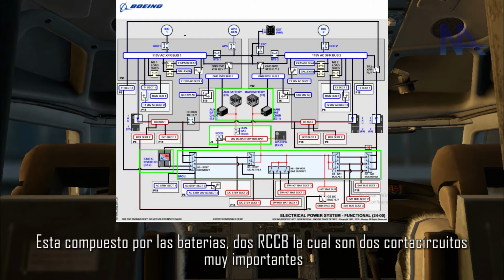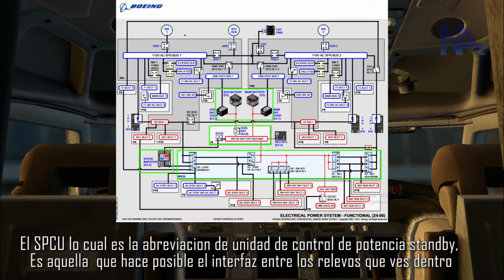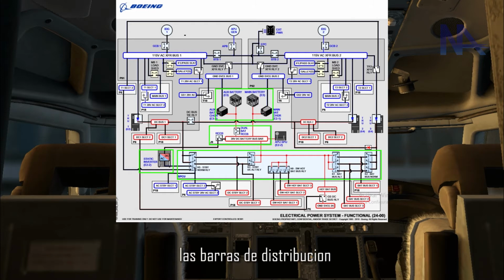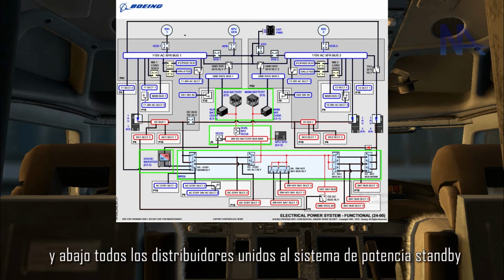It is composed of the batteries, 2 RCCBs, which are important circuit breakers, the DC battery bus bar, the static inverter, and the SPCU, which is the abbreviation of standby power control unit, the one that makes possible the interface among the relays used inside. The bus bars, the sensory readings for the indications in the panel 5 and others. And below, all the buses attached to the standby power system.